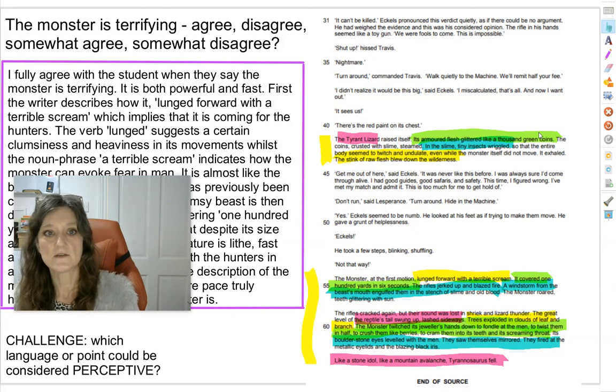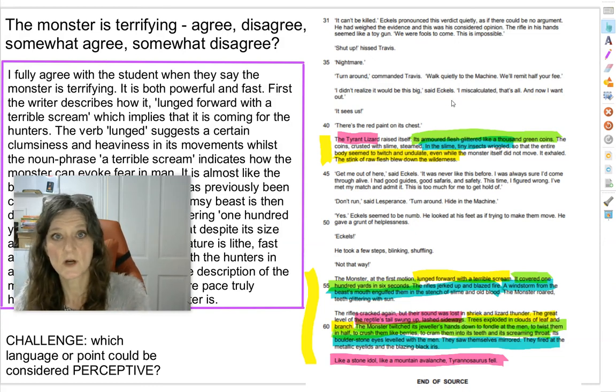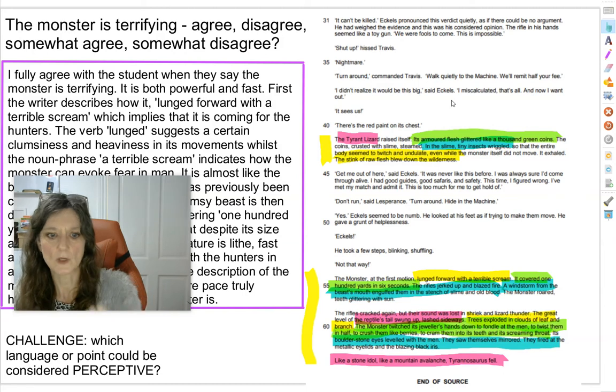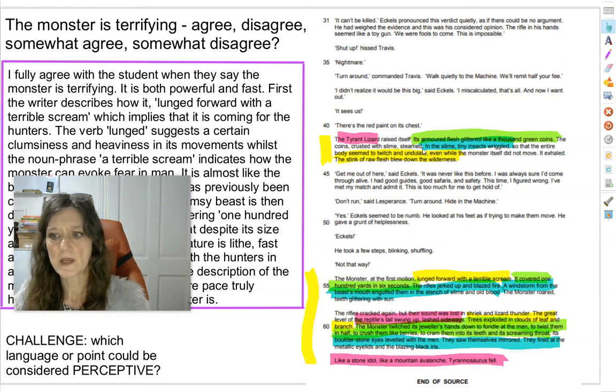So it's kind of suggesting the monster is terrifying because it almost has that power and status of something wealthy and royal. Plus the fact that it's armoured, like I said, means it's difficult to penetrate. And the idea of the coins here is suggesting it's disguised with metal, which again makes it harder still to penetrate.